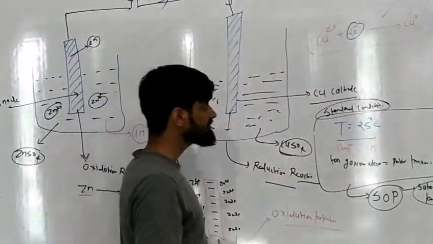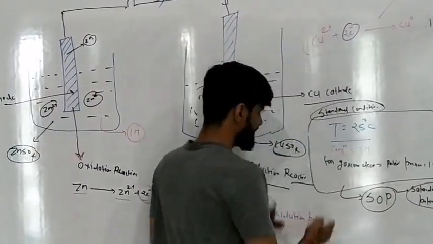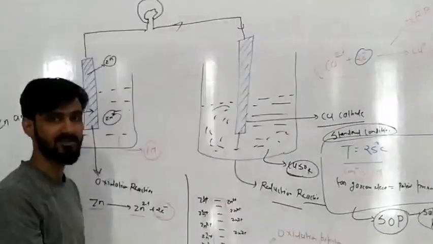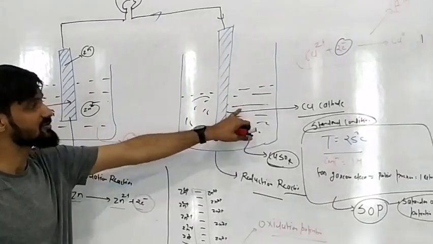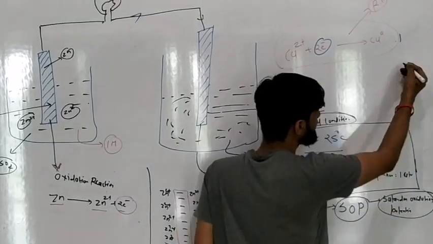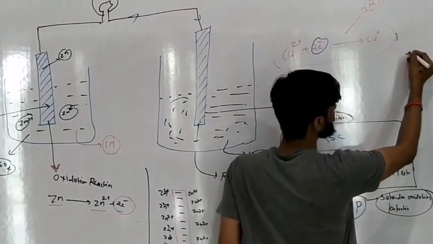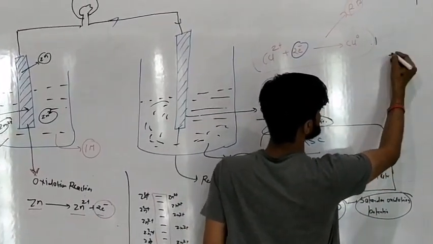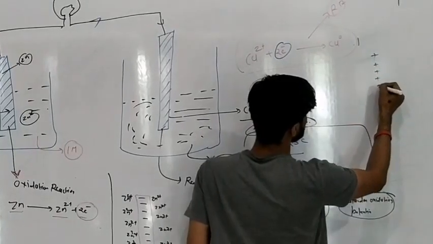Now understand one thing. What I discussed with the oxidation potential, the same happens with the reduction potential also. Due to this reduction potential, what will happen at the cathode? On the cathodic surface there is an accumulation of positive charge.